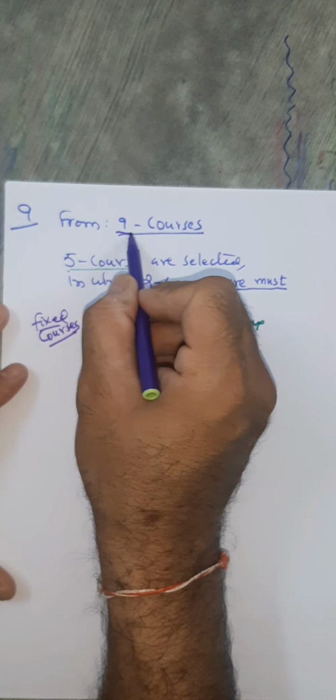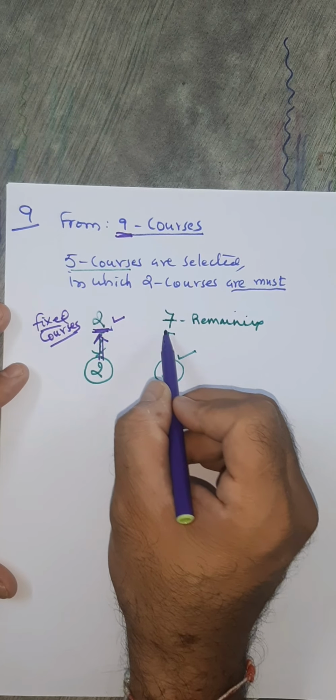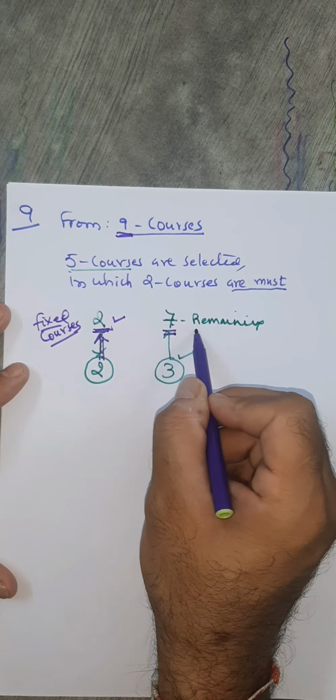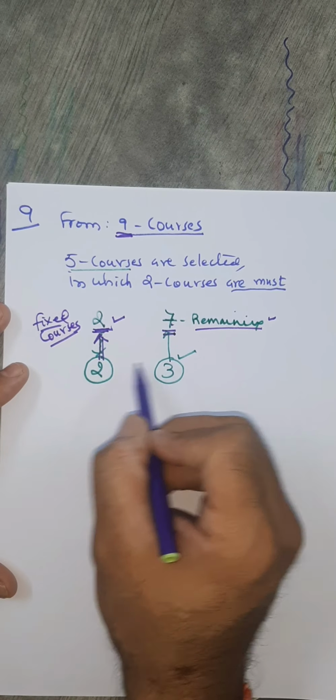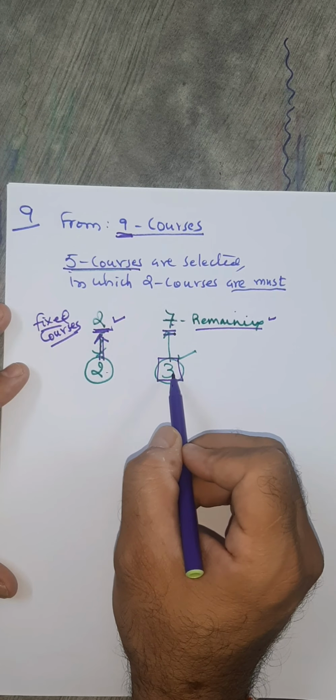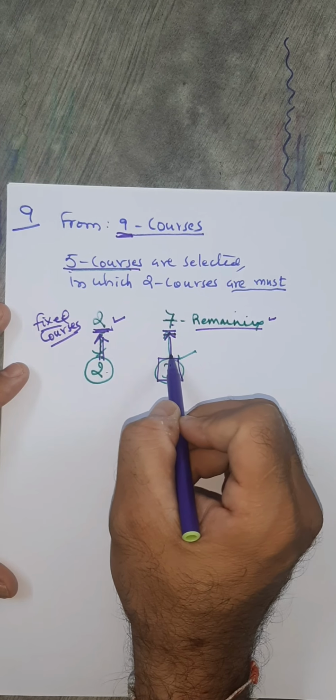Now total 9 courses. So total now you are left with how many courses? 7. But from this remaining 7 courses, only 3 should be selected because in total 5 have to be selected. So the remaining 3 should come from this remaining 7.